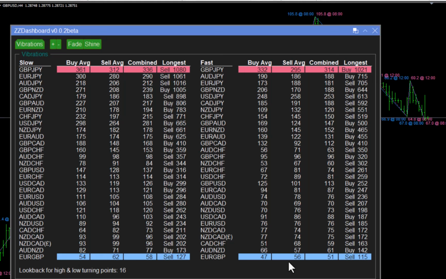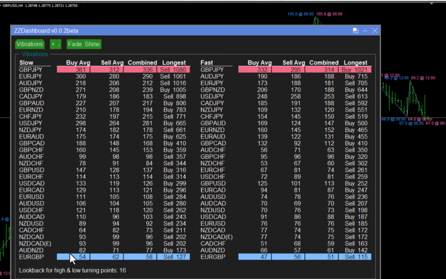Okay, so what else can we see from here? Firstly, you can see that if the buy legs are bigger than the sell legs, there we are. So you can see that the Euro Yen overall had a buy bias.